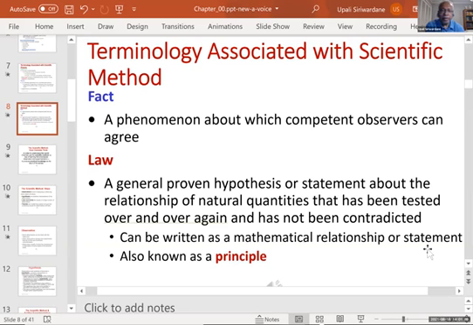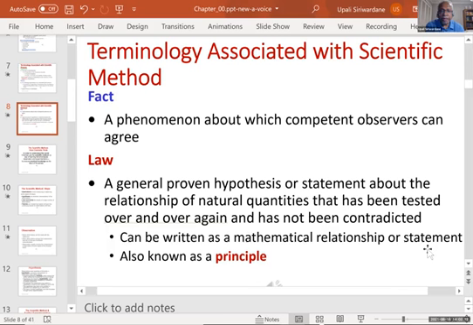Law, unlike in criminal law, is different. Law is a relationship of natural quantities that has been tested over and over again and not been contradicted. For example, for gases, increase in the pressure decreases the volume. That's a relationship, Boyle's law. Laws can be written as a mathematical relationship or statement known as principles.